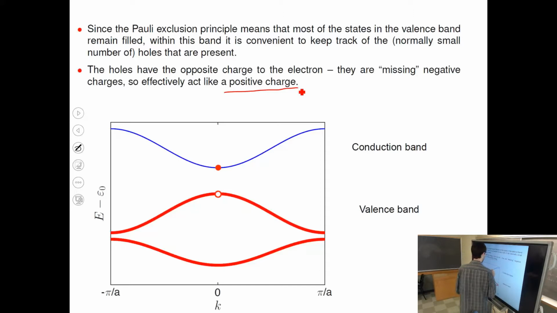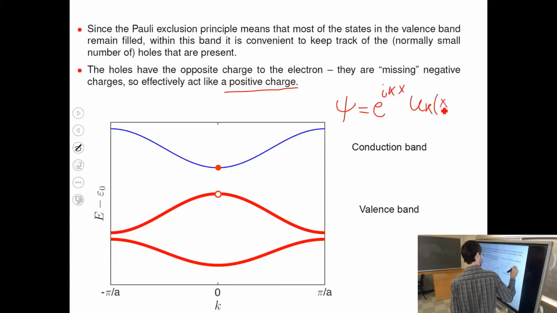Remember back to the nearly free electron model and Bloch theorem, we said that wave functions of electrons in a crystal are of this form. So they are Bloch waves. They look like plane waves, but with this periodic function attached to them, right?